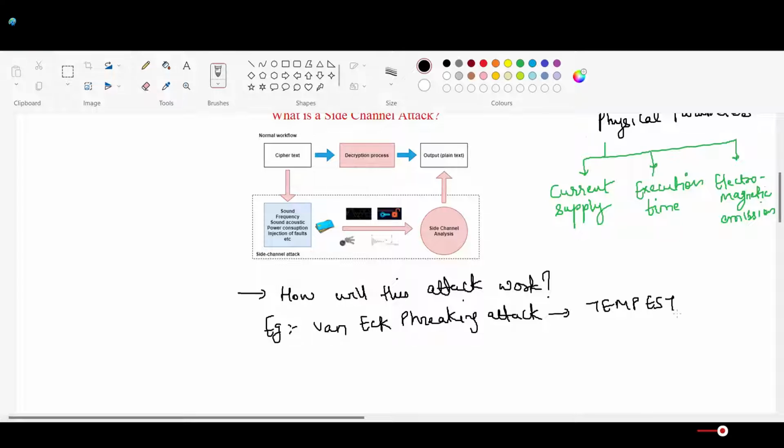In this attack, what happens is that it monitors the electromagnetic field radiation emitted by a computer screen to view information before it is encrypted. So overall, we try to break the cryptographic modules. This is our overall understanding of this attack.